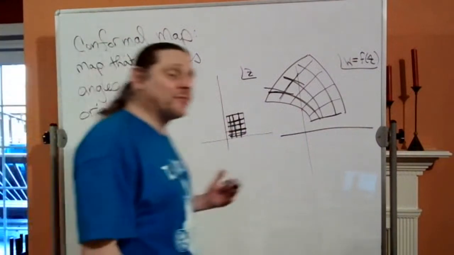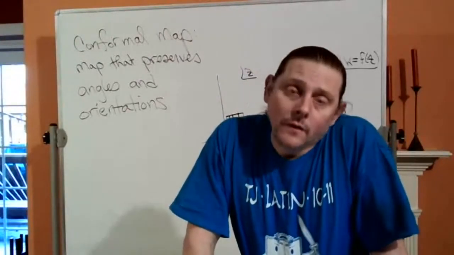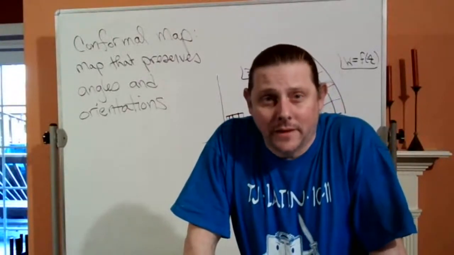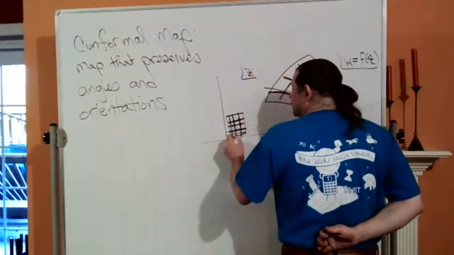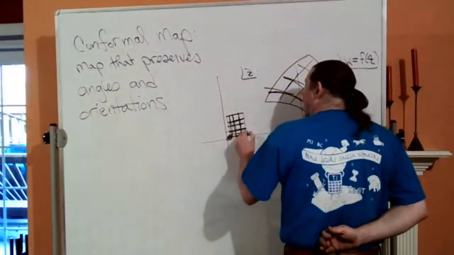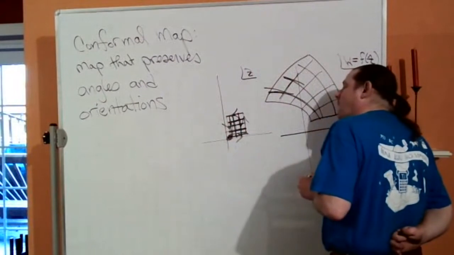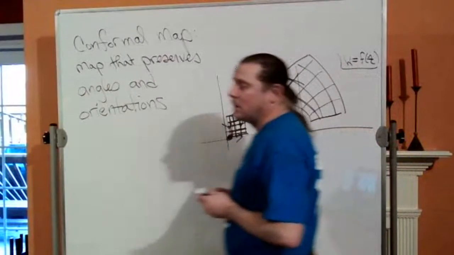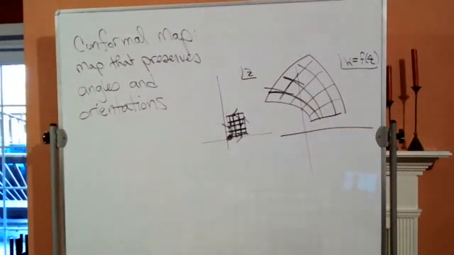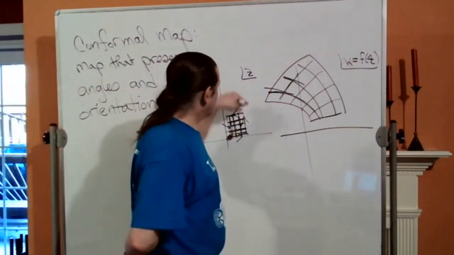Moreover, I have to maintain orientation. Here's one way to think about what that means. If I start here and go around this box in a counterclockwise fashion, the interior of the box is to the left of me as I travel.